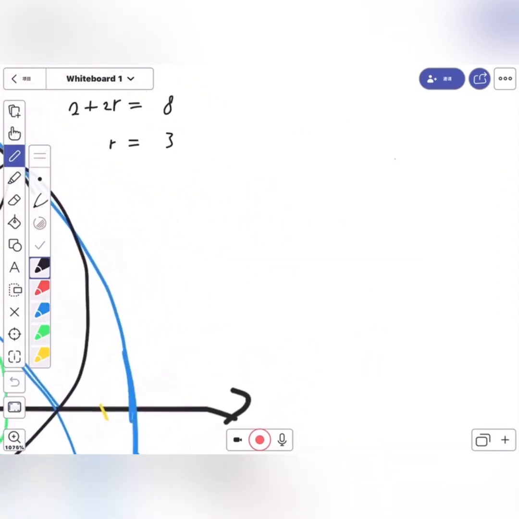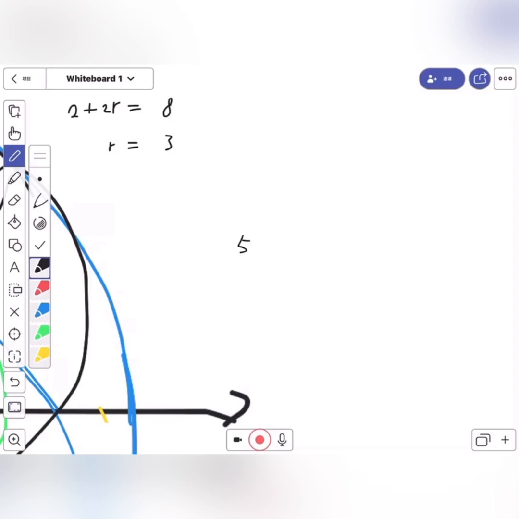So we in fact have two circles with the radius 5, 25 pi, and two circles with the radius 3, 9 pi, that we have just showed.